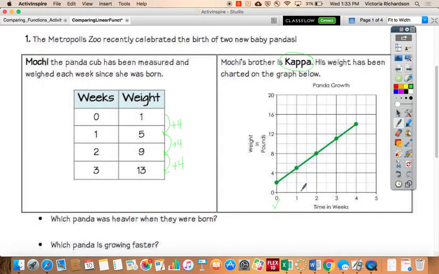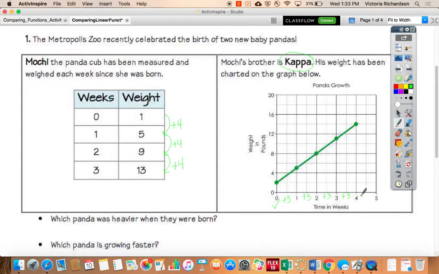Now we need to look at the table. So from week 0 to week 1, we went from 2 pounds here all the way up to 5 pounds. So that was a 3 pound increase. From week 1 to week 2, we started with 5 and then we went to 8. So that was a 3 pound increase. At week 2 to week 3, we went from 8 to 11 pounds, which is a 3 pound increase.